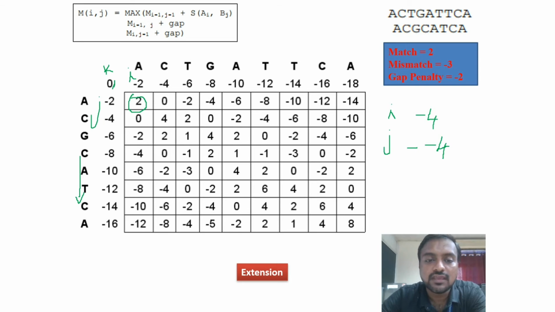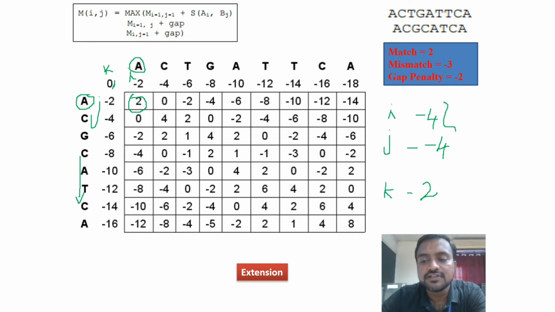We have an A in the I sequence, and we have an A in the intersecting region of the J sequence as well. So A and A are a match. It's an identical character. What score have we given for a match? It's 2. So 0 plus 2, the answer from K, is 2.